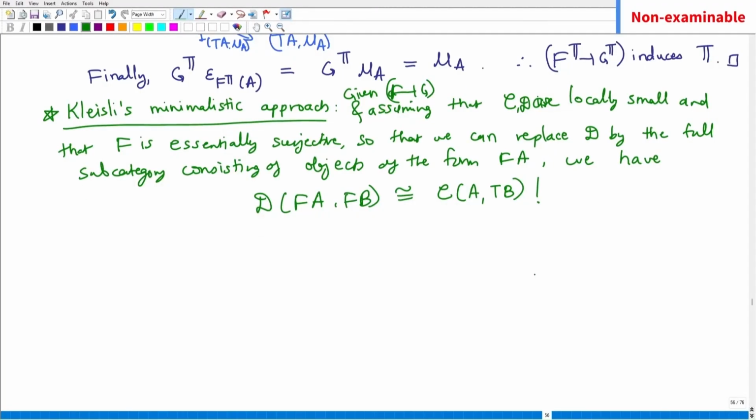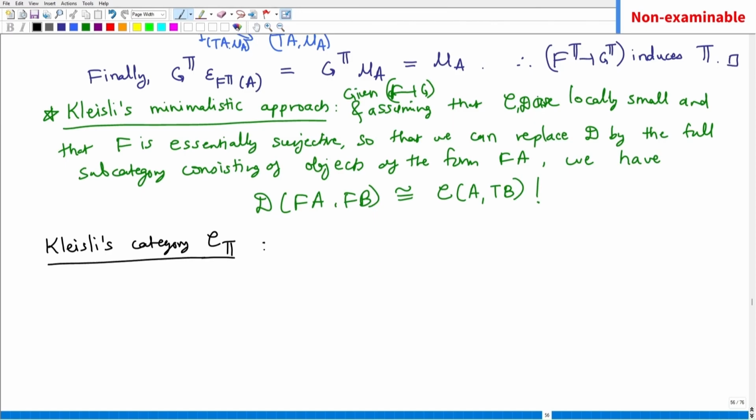Let us define the objects. So Kleisli defines this category, Kleisli's category C_T, where T is taken here at the bottom as a subscript.